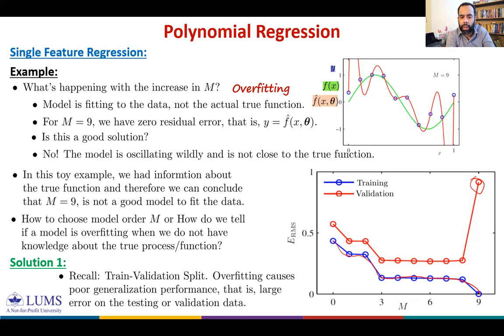But if you have this red curve, using this red curve you can find the optimal order, the best order. So you would say that the best order, or good choice of m, would be somewhere between 3 and 5 and 6: 3, 4, 5, 6.